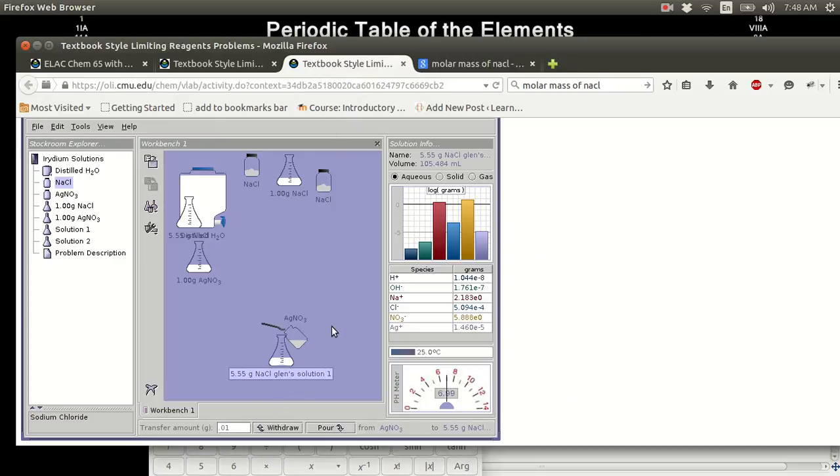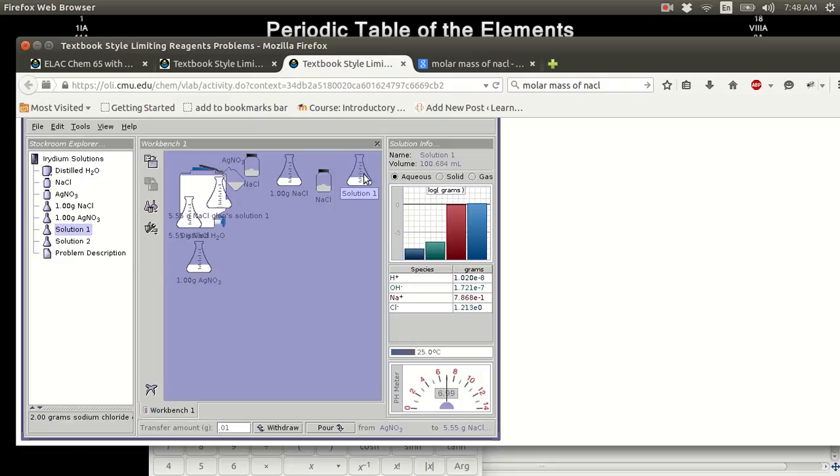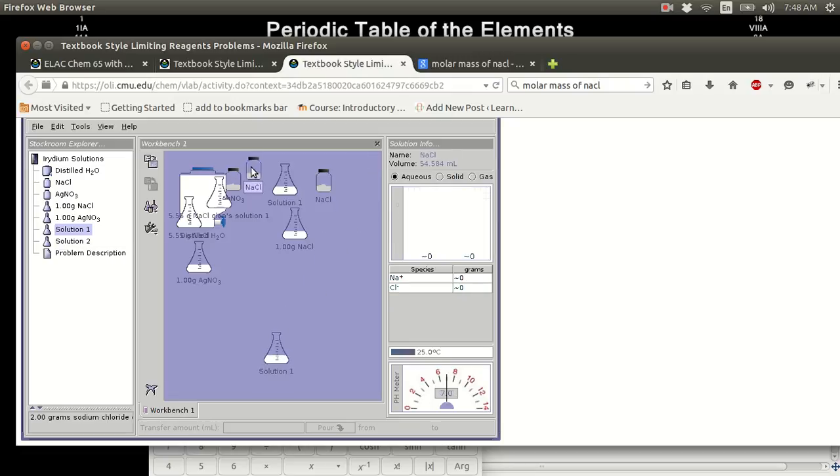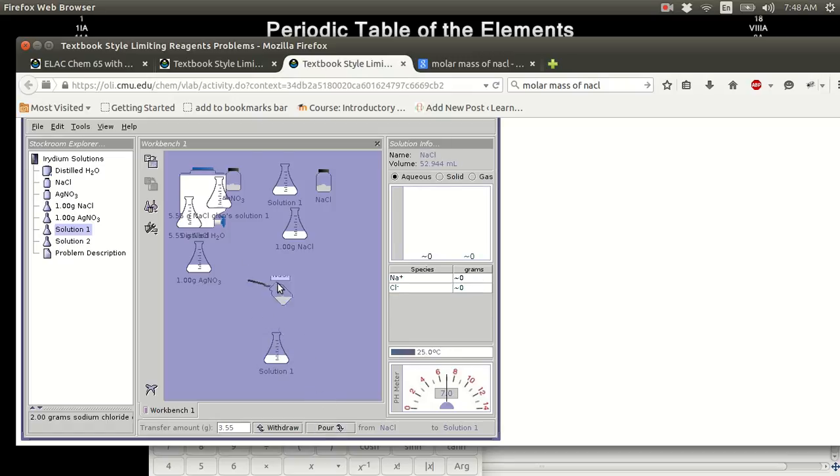All right. Here, let me show you one more time. I will get solution 1 here. Oops, that was the wrong thing to do. Sorry about that. I'll get solution 1 here. I'll add my sodium chloride. Okay.